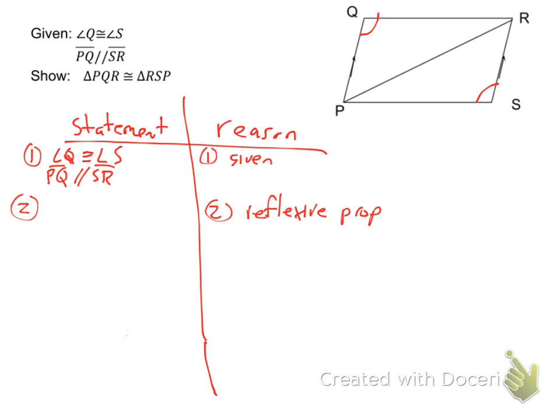Is it PR congruent to PR? Yes, segment PR is congruent to segment PR. The reflexive property is the reason why. So now I go up here and I'll put 2 tick marks on that. Awesome. What else can I say?